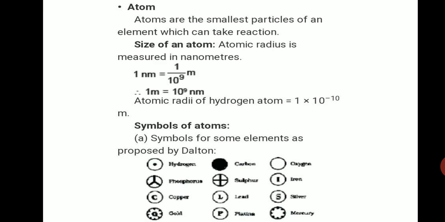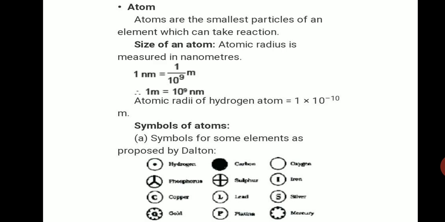So Dalton's symbolic representation is not suited, it is difficult and inconvenient to use, so it is only of historical importance. Later, Berzelius, one of the Swedish scientists, proposed some symbols to represent the elements that we are going to study.